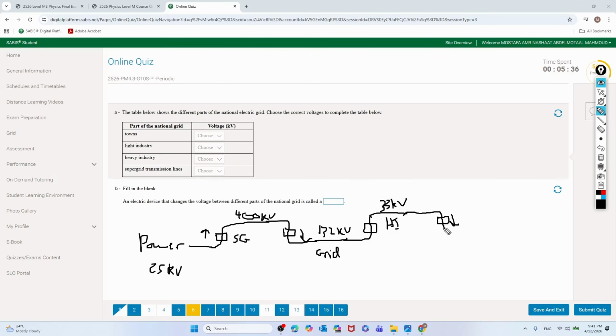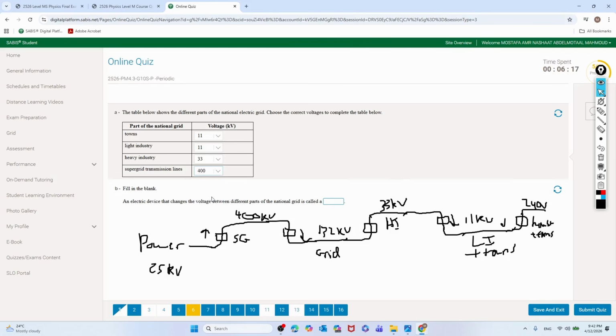So step down to 11 kilovolts. Light industry and towns. And then houses and farms are 240 volts. Okay, so 11 kilovolts, 33 kilovolts, and the super grid 400 kilovolts.